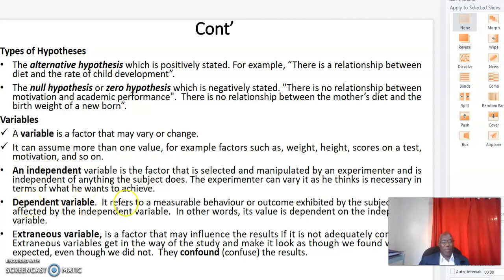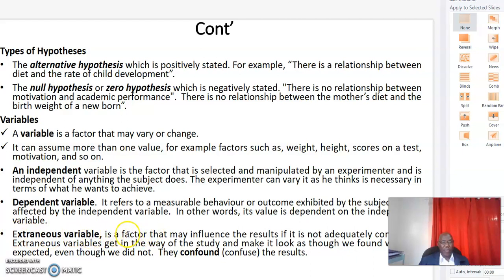Dependent variable. It refers to a measurable behavior or outcome exhibited by the subject and is affected by the independent variable. In other words, its value is dependent on the independent variable. Extraneous variable.